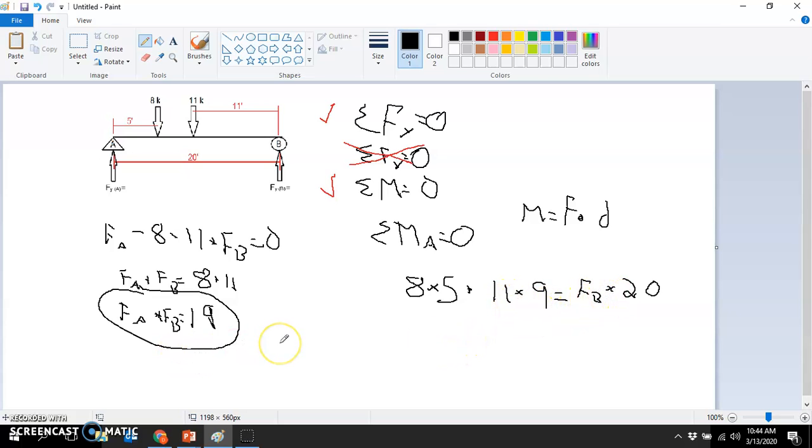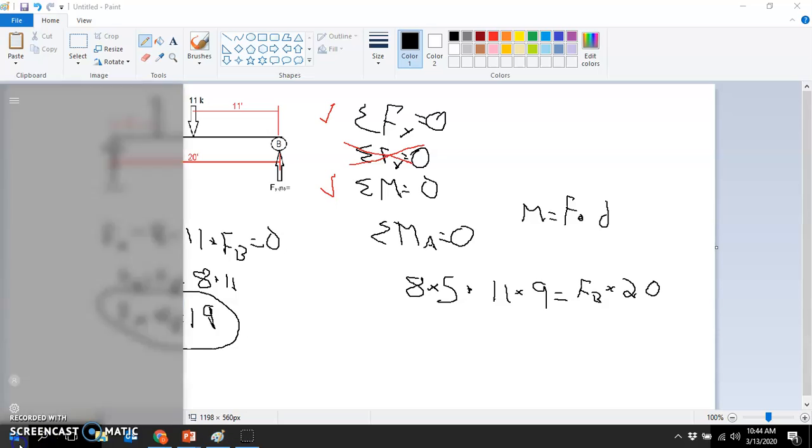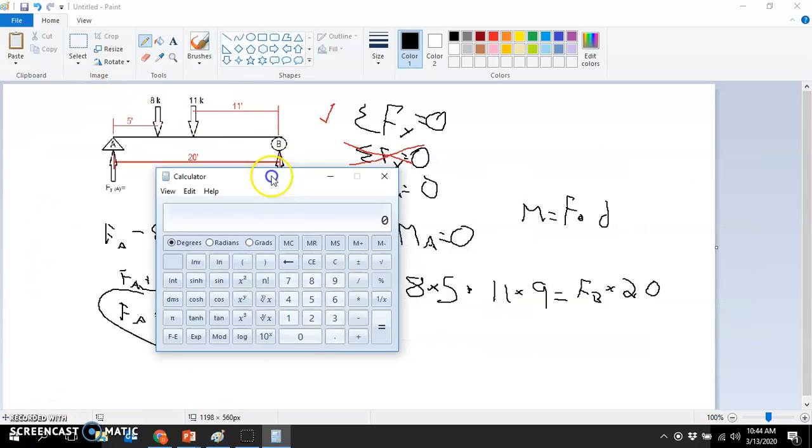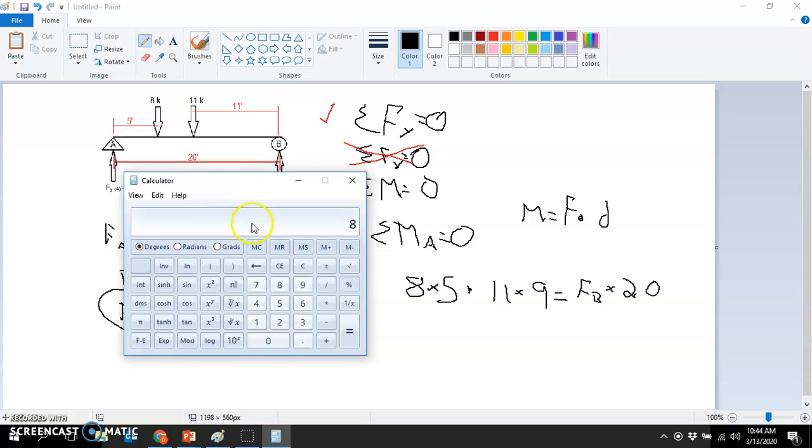We can solve that. If I was smart, which I'm not, I would have had a calculator ready to go. So let's just do that now. We have 8 times 5 plus 11 times 9 equals 139.